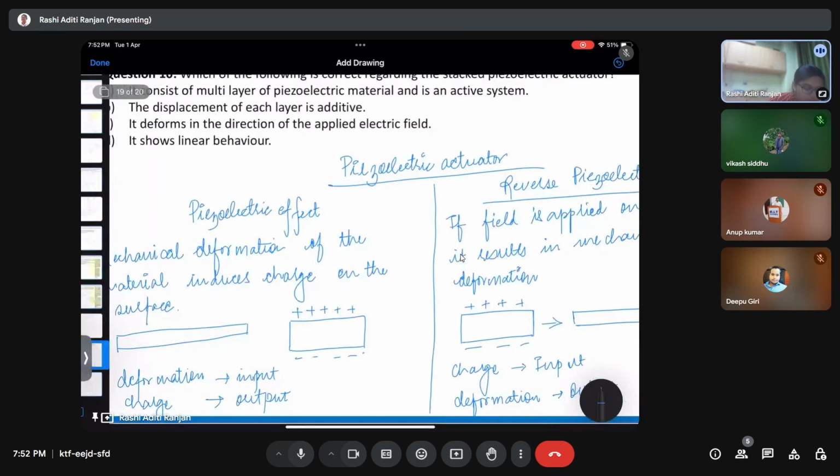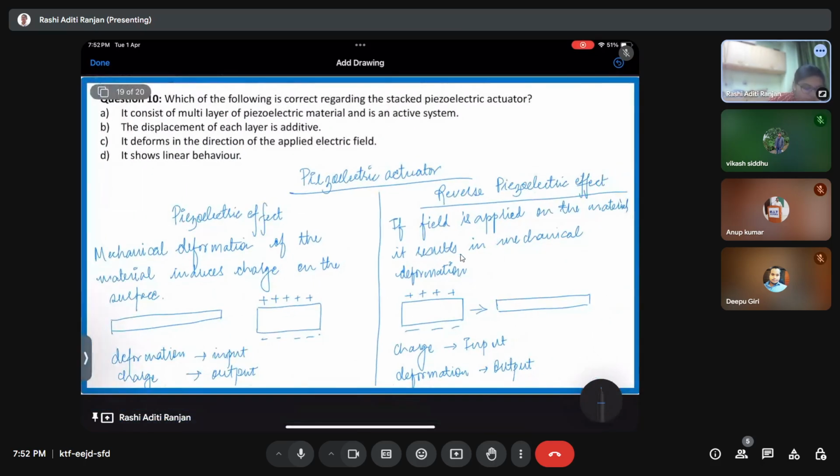If I talk about the options. It consists of multi-layer of piezoelectric material and is an active system. Okay, this is true. See, I'm not saying that it is an active absorber, but rather I'm saying it is an active system.